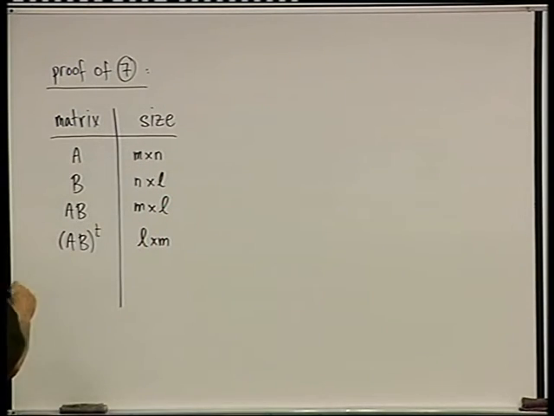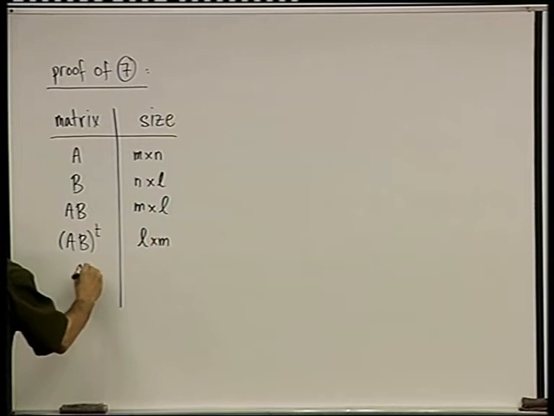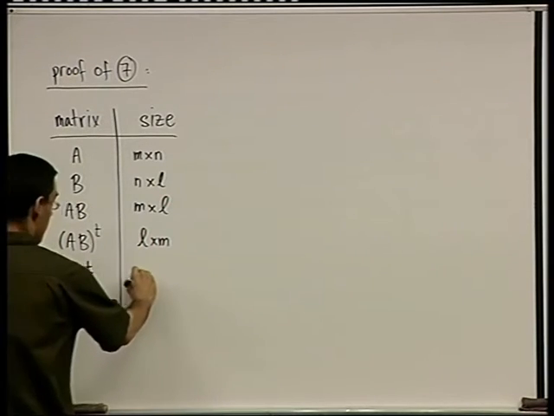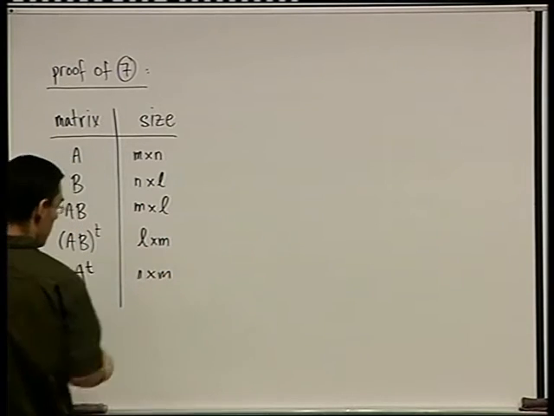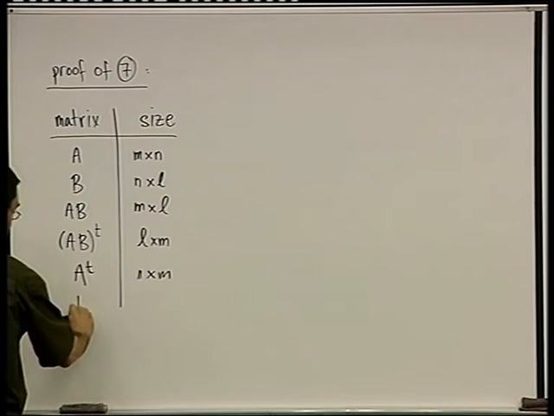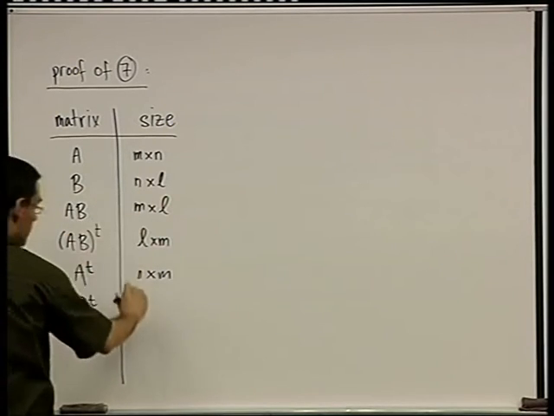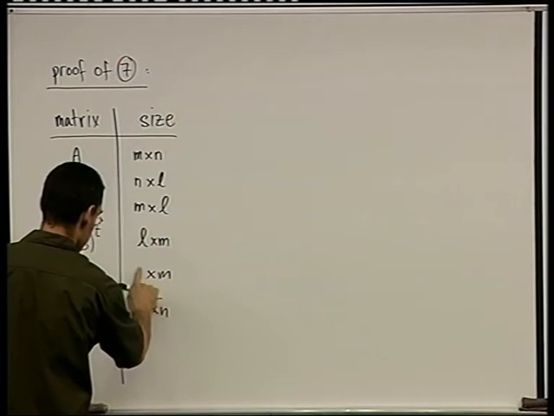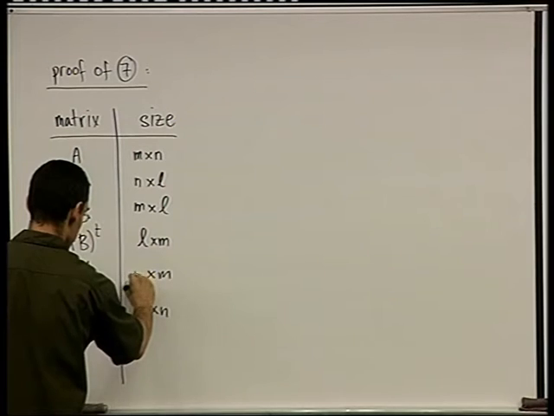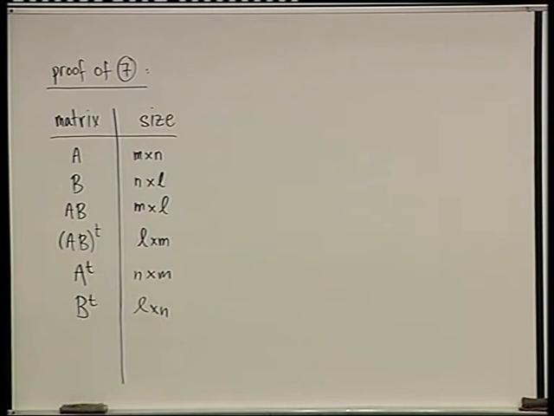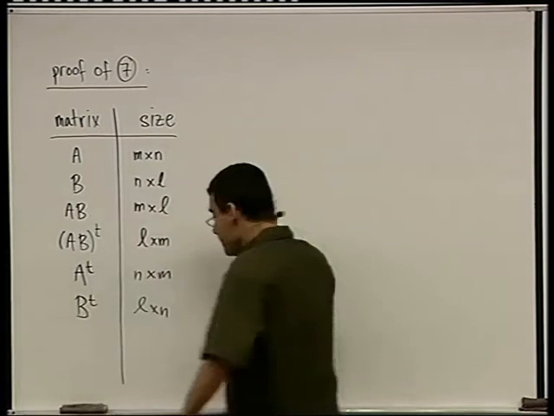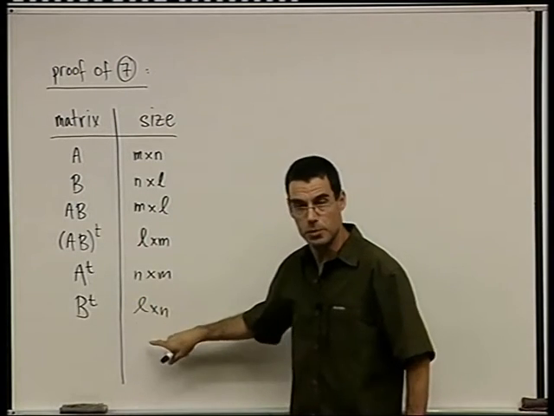Okay, now what is the size of A transpose? N by M, right? B transpose is L by N, right? And therefore we can see that in fact we can only multiply them in the order B transpose times A transpose.